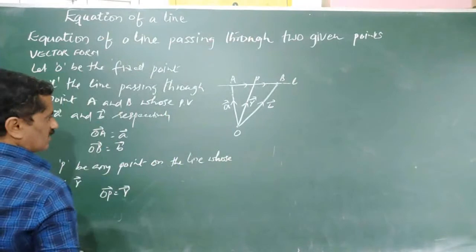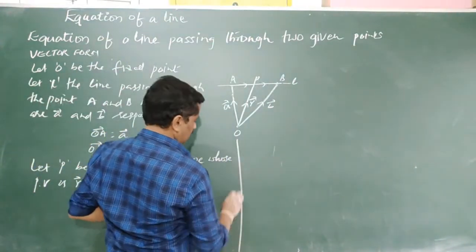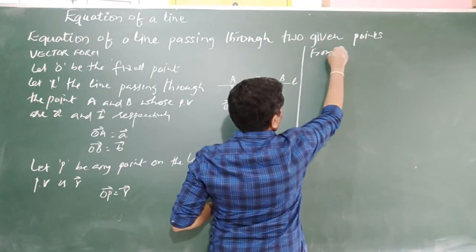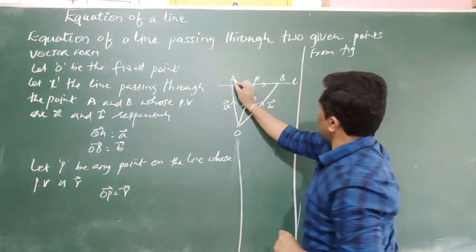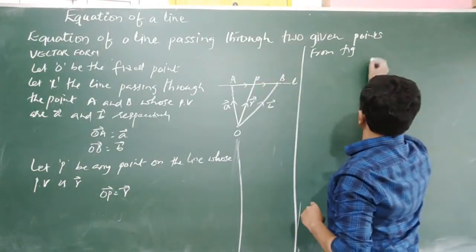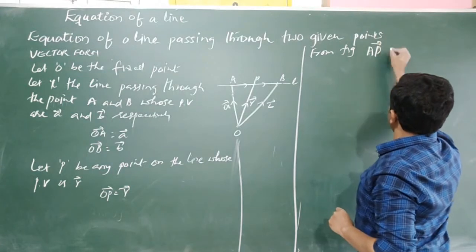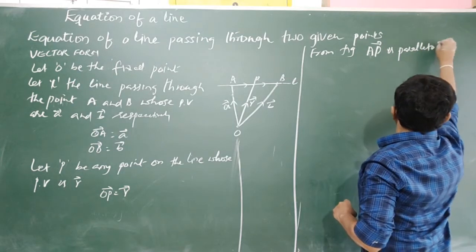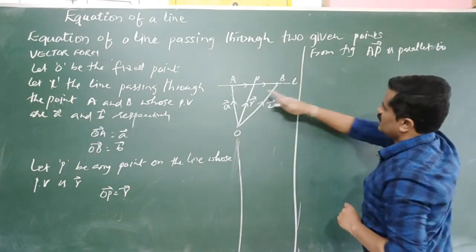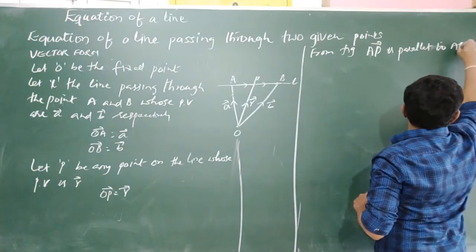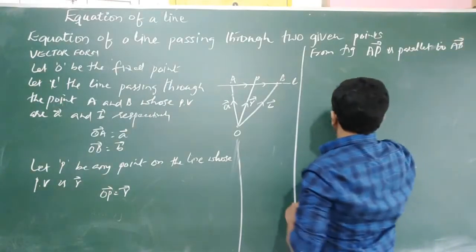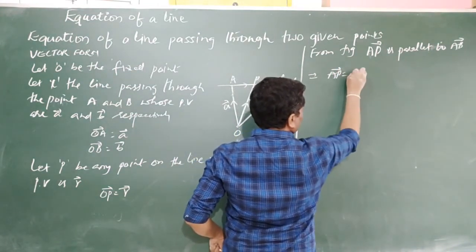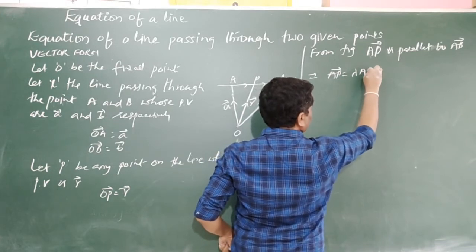That implies AP bar is equal to lambda into AB bar.